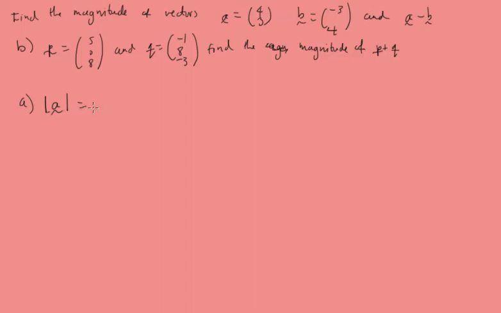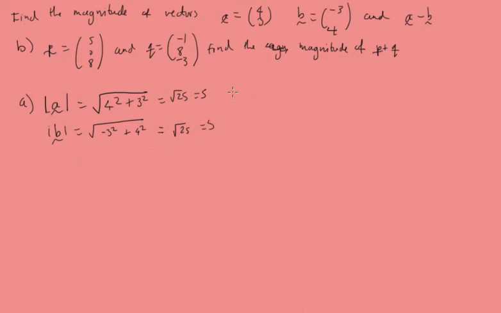Just applying Pythagoras, you'll have 4 squared plus 3 squared, which is the square root of 25, which is 5. And similarly for B, you have minus 3 squared plus 4 squared, which again is root 25, which is 5.